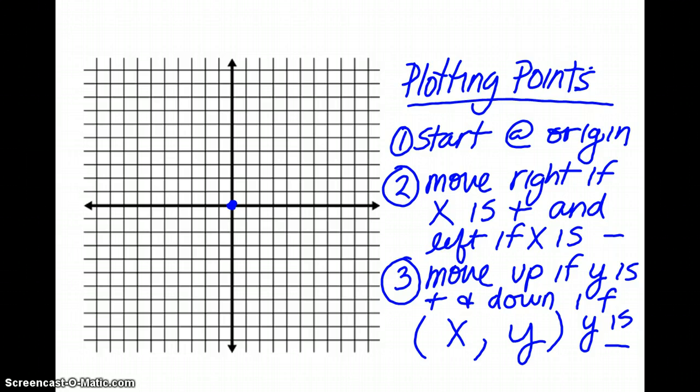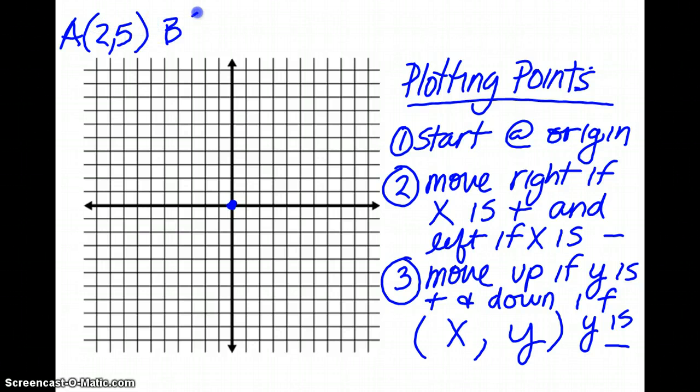So guided practice, number 3 through 6 in the guided practice of 3.1 on page 147 in your book asks you to plot 4 points, A, B, C, and D. Point A is the point 2, 5.